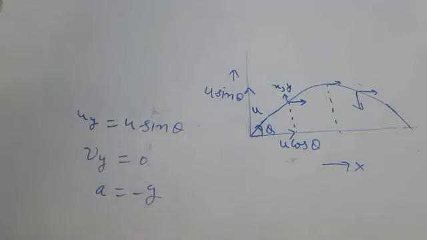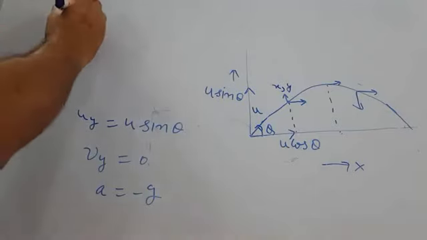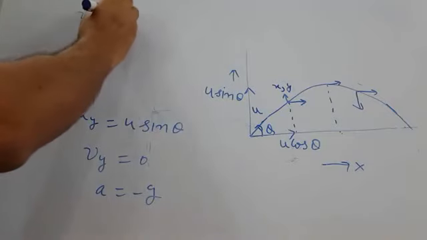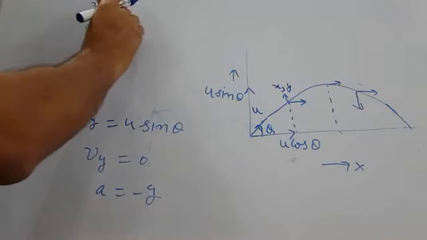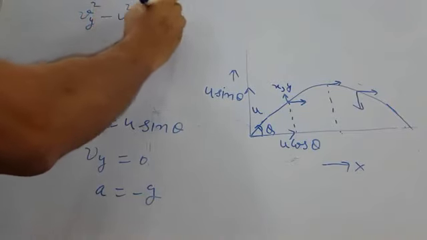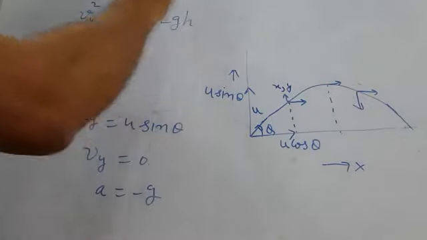Our aim is to calculate maximum height. So we will apply the formula v square minus u square is equal to 2gh.